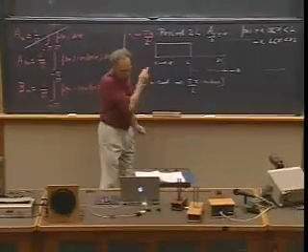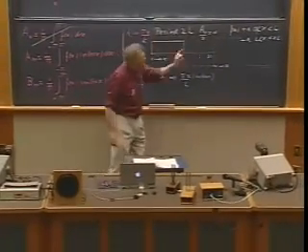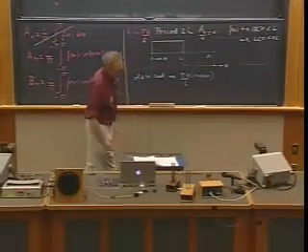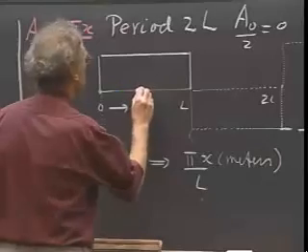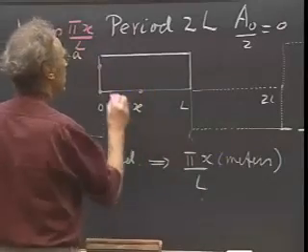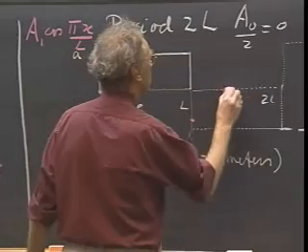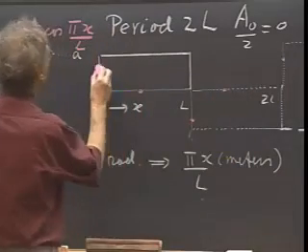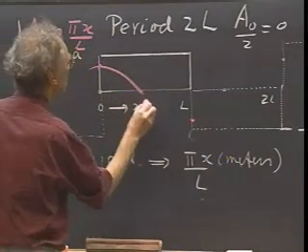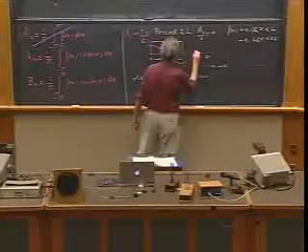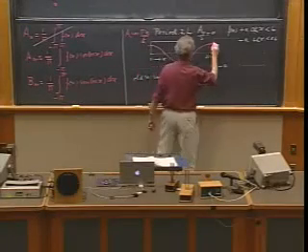So I'm going to plot now into this function of ours the A1 value. So it's here, here, here, here, and here. And so here is that function, and this amplitude then is A1.